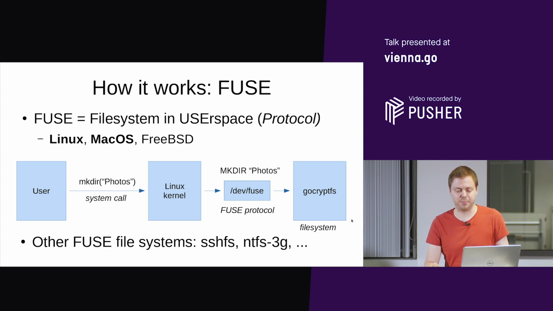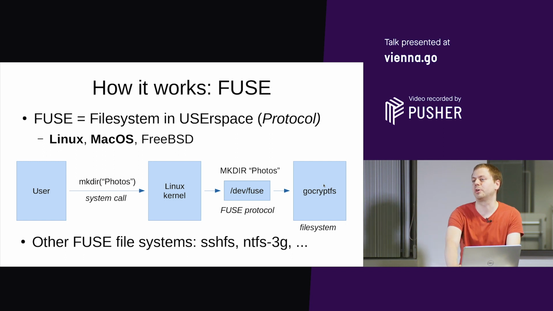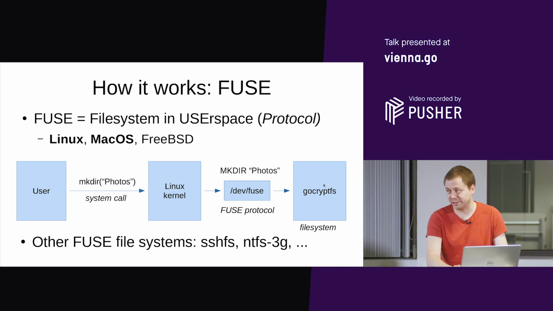And this ends up in the gocryptfs file system and is handled here. Other notable Fuse file systems that you have maybe heard about are SSHFS, or even ntfs-3g, the Windows file system driver for Linux, uses Fuse.